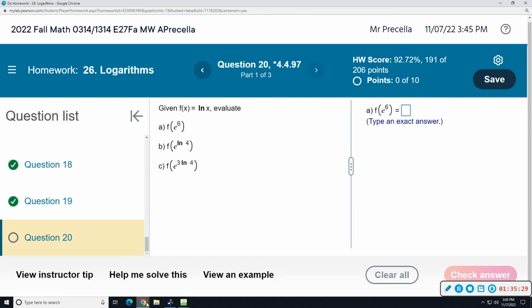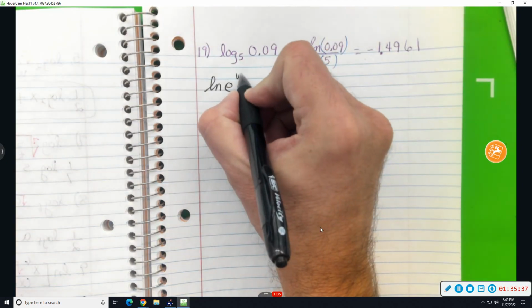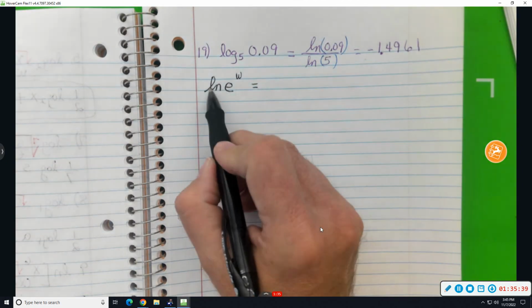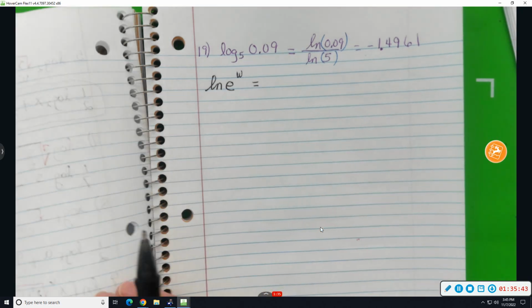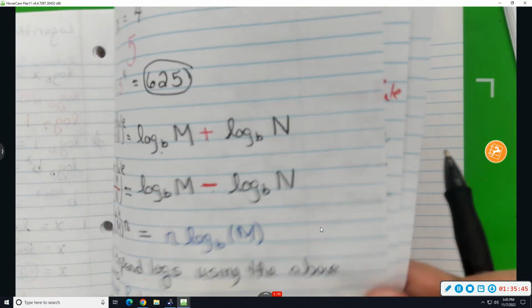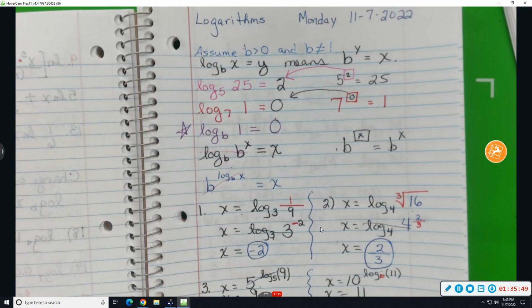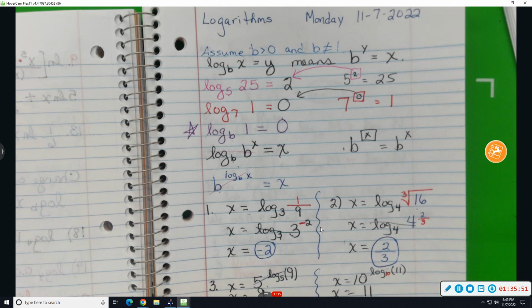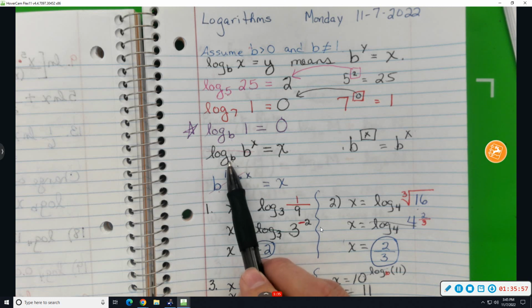Let me write out a rule about ln and e. We said that ln is log base e, and at the beginning I'd said that if you have the same base here and here, they cancel each other out.